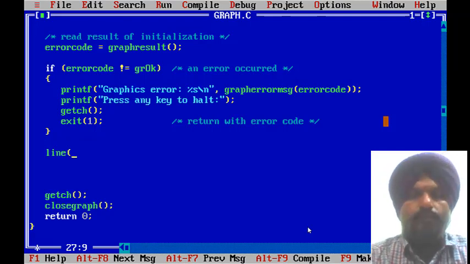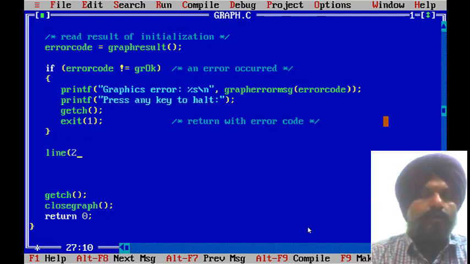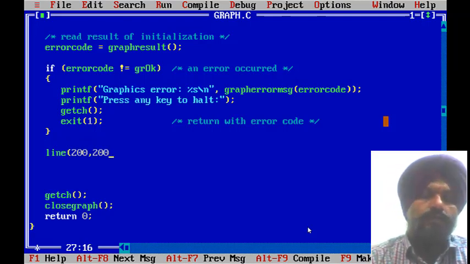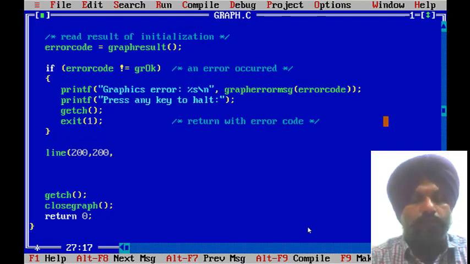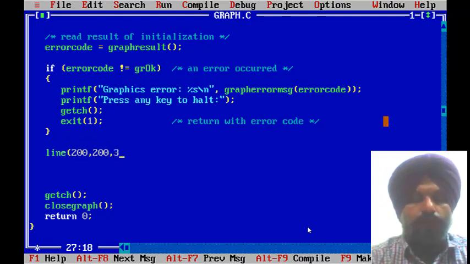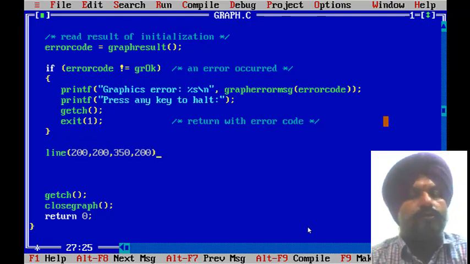We start with the first line. Let's say I'm taking the coordinates 200, 200, that is, the value of x1 is 200 and the value of y1 is 200. In a similar way, now I am changing the value of x2 to 350, keeping the y value the same.